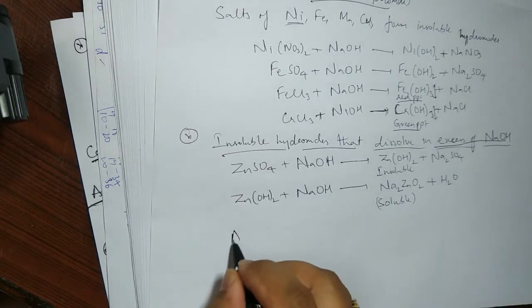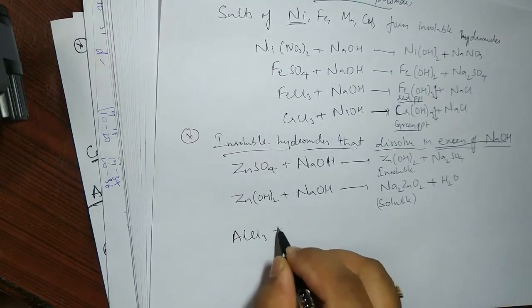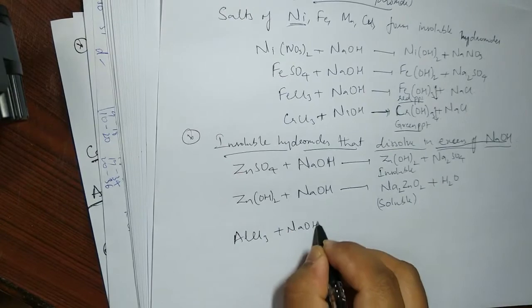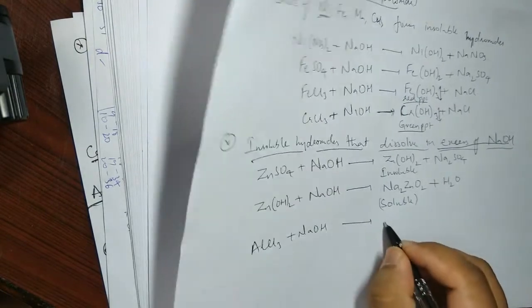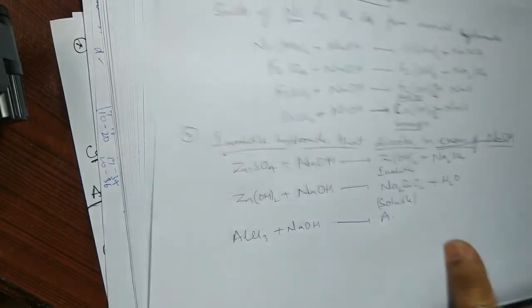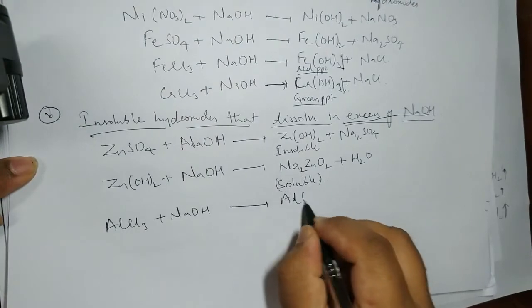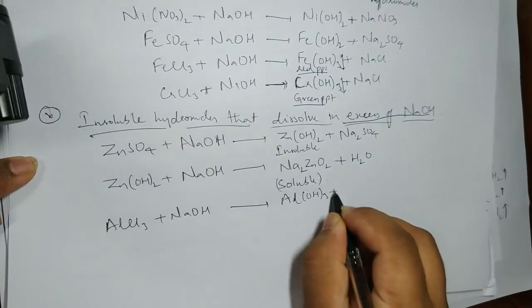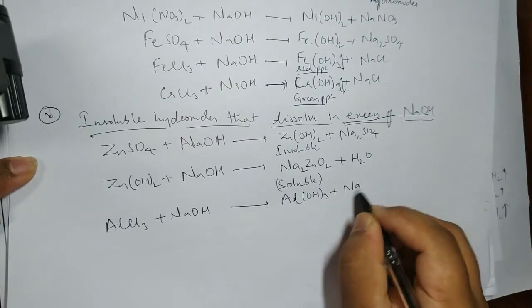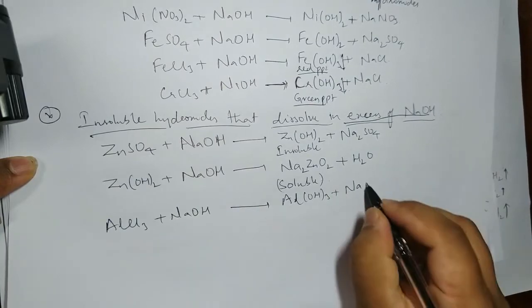Same with aluminum chloride, AlCl3 and NaOH. It forms aluminum hydroxide, and aluminum hydroxide is what? Insoluble. Aluminum hydroxide plus NaCl.